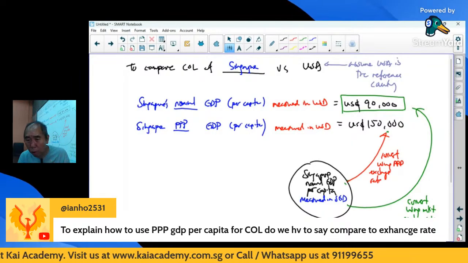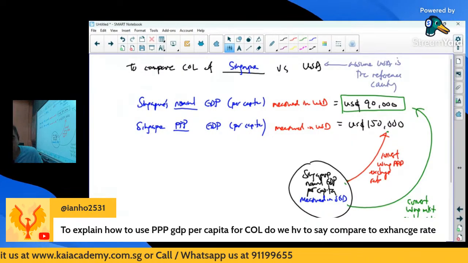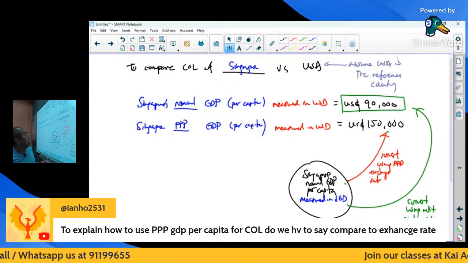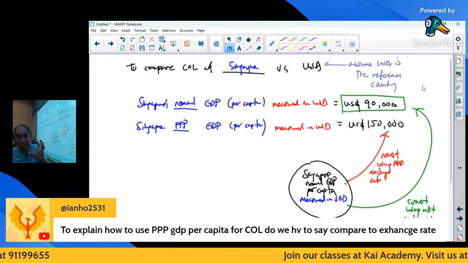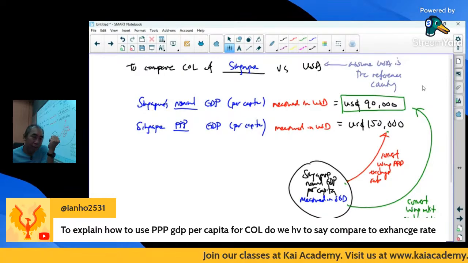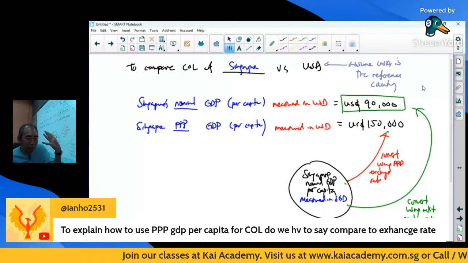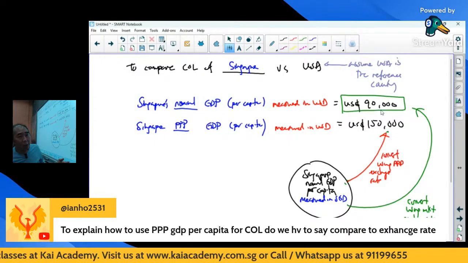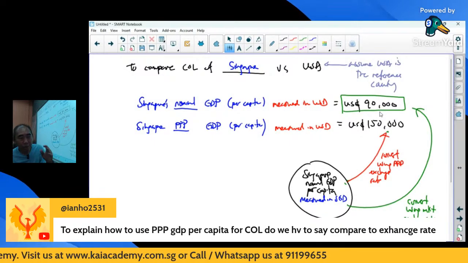Now, how to draw a conclusion? So to draw a conclusion, the first thing you need to do is to remember what these numbers mean. $90,000 is what we have. Well, we don't technically have. We have the Sing dollar equivalent. We can take our Sing dollar, go to the forex market, exchange this for $90,000. But what can we buy with this $90,000?